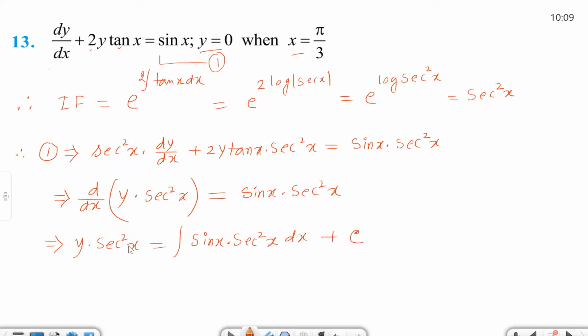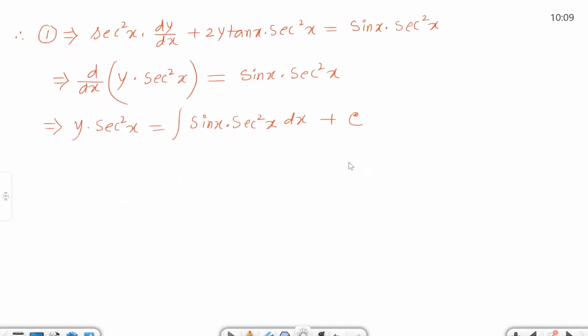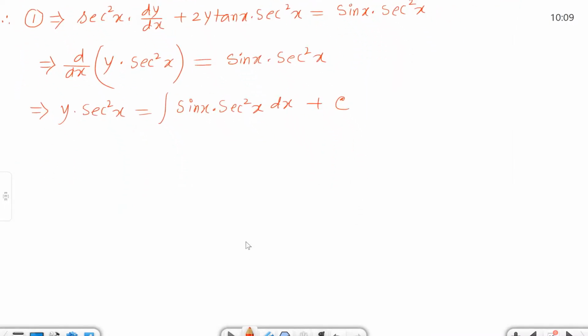So just two more lines. Left hand side stays as it is. This is equal to, sec square means 1 by cos square.